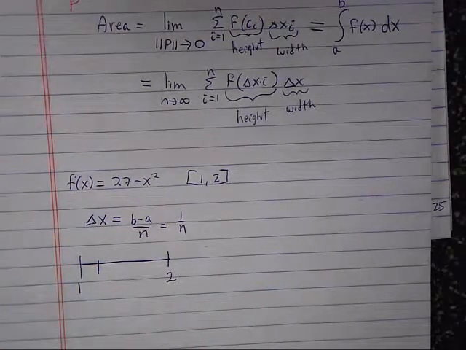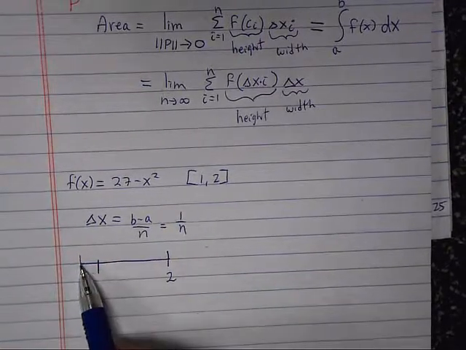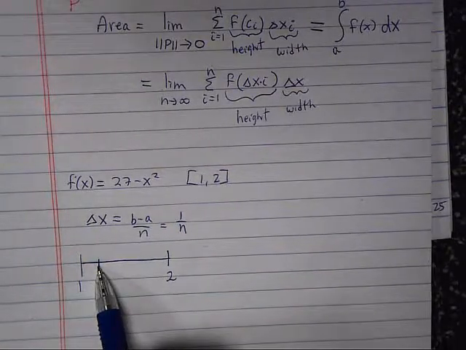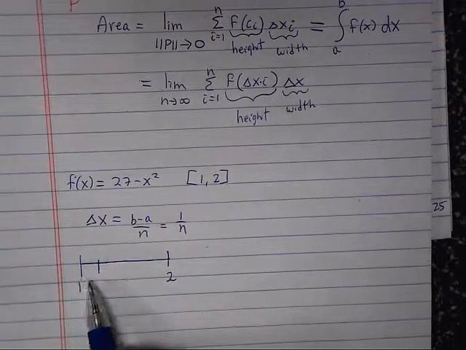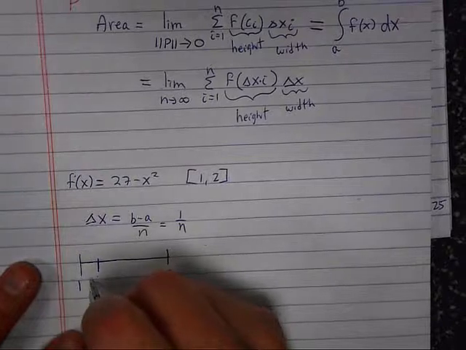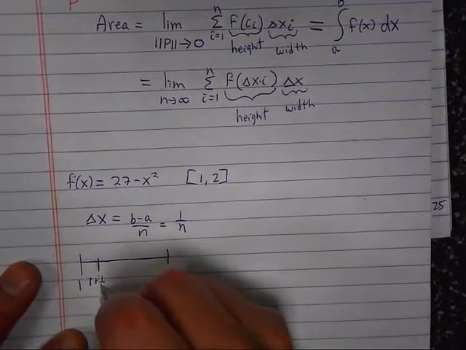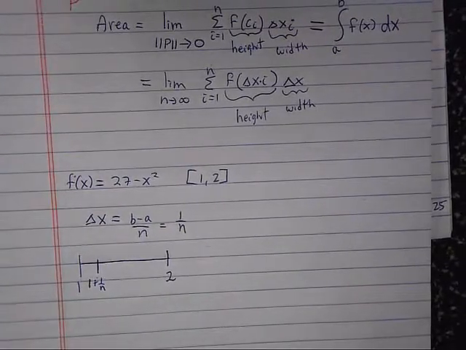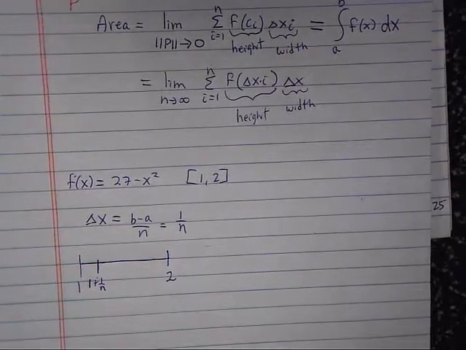Write it as a fraction. How far over do I move? 1 over n. So if I start at 1 and I move over 1 over n, then where am I? 1 plus 1 over n. So my first rectangle, the right-hand endpoint, and I'm going to use the right-hand endpoints again. My right-hand endpoint is going to be 1 plus 1 over n.